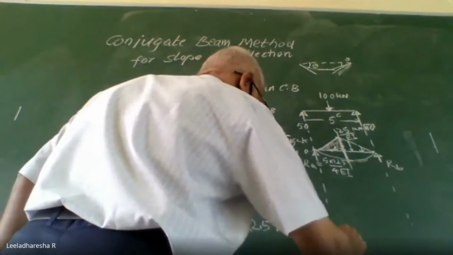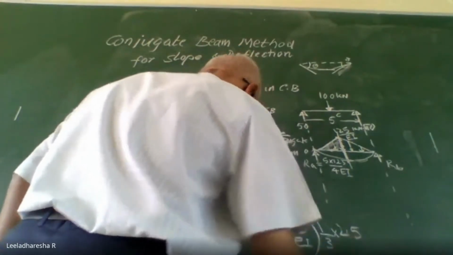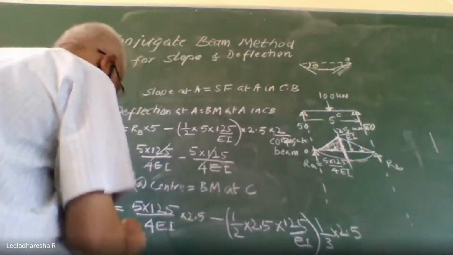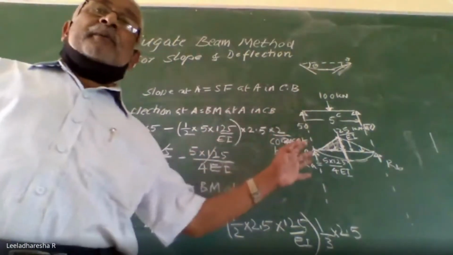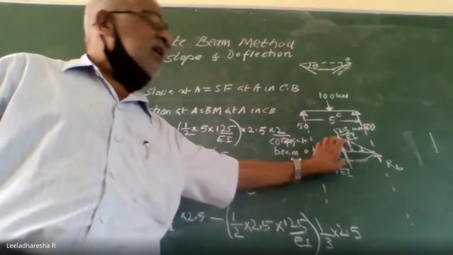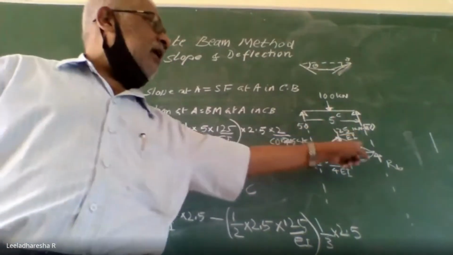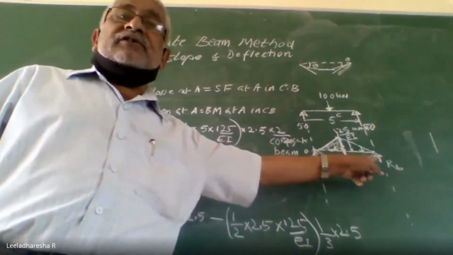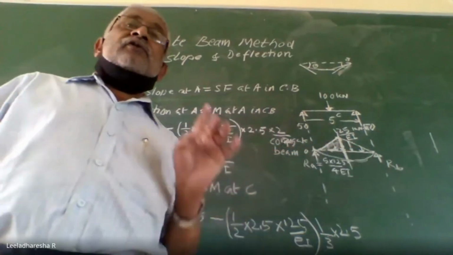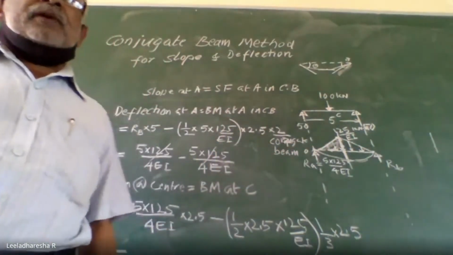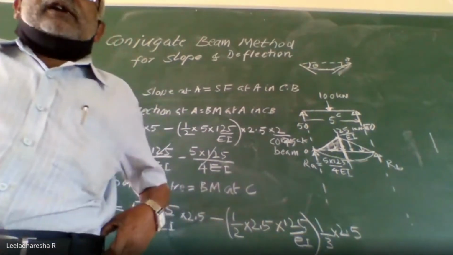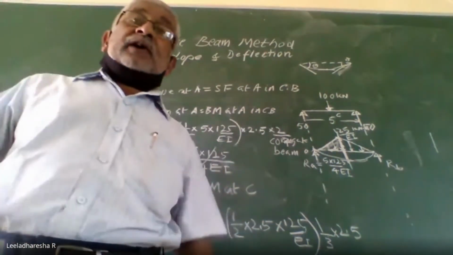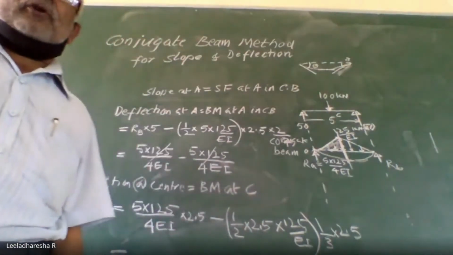If you simplify this, you are going to get the maximum deflection at the center. Similarly, RB also you can calculate and check, you are going to get 0 deflection, because at the support, the beam is not going to yield. That is, the deflection is going to be 0.